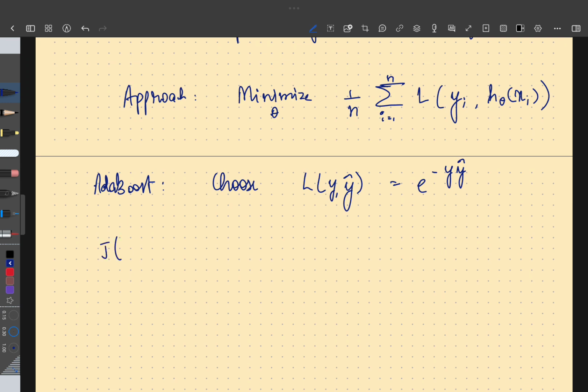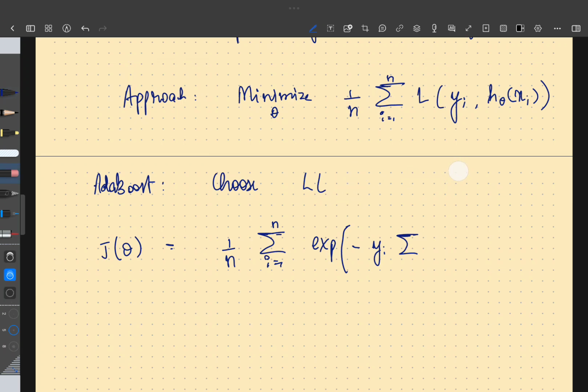So let's define J of theta to be equal to 1 by n summation i equal to 1 to n of e to the power minus yi times y hat, where we take y hat to be h bar of x. So this is a specific loss function that we'll choose.